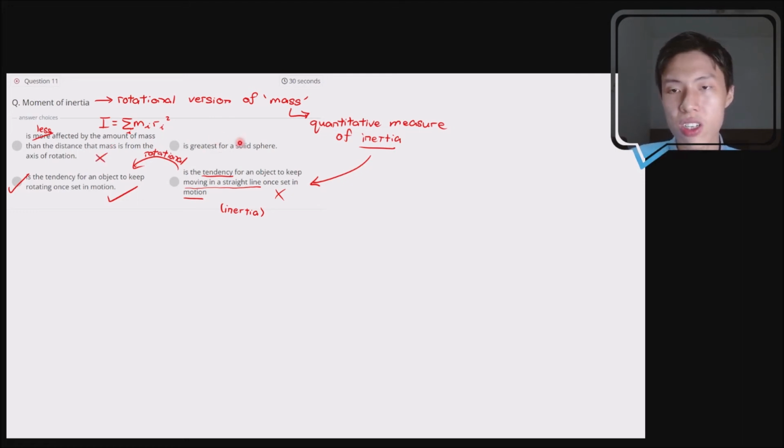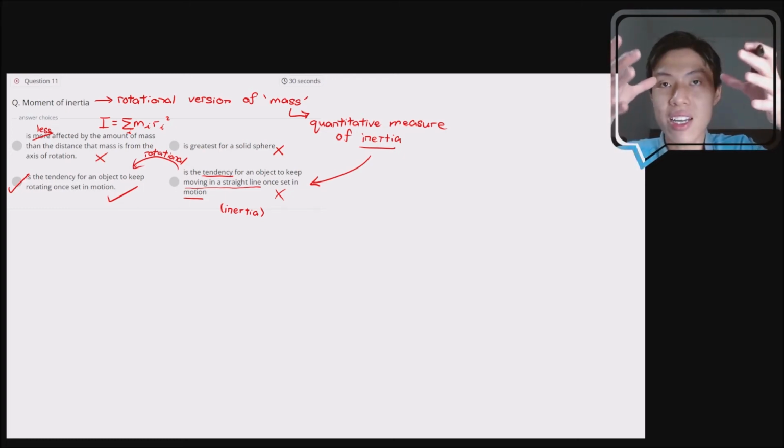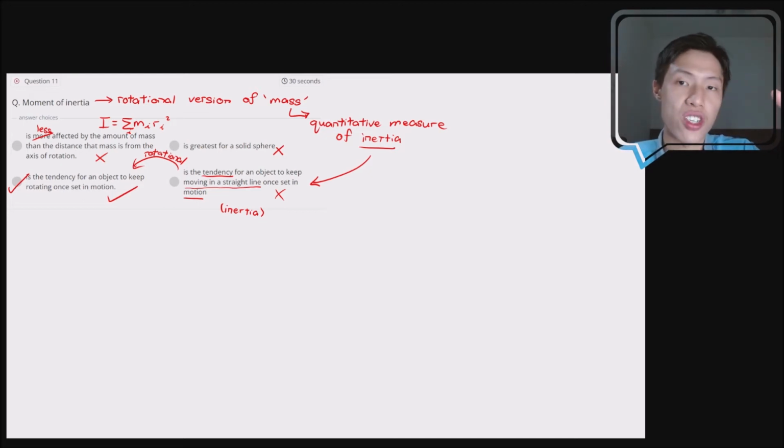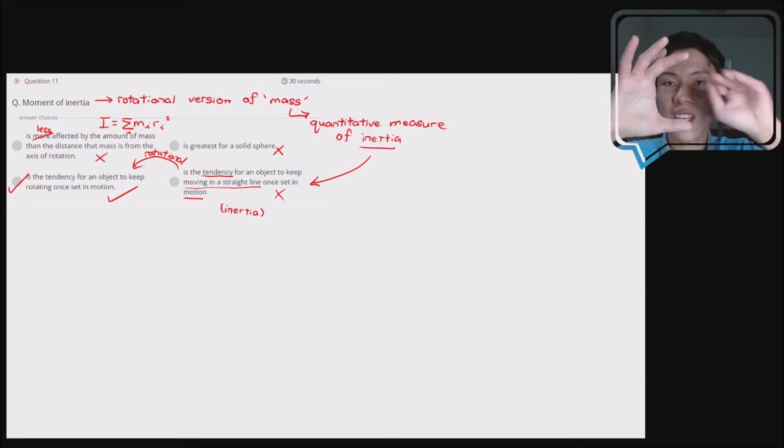Next, moment of inertia is greatest for the solid sphere. Well, technically no. Okay, this one you should make comparison in order to say properly. But solid sphere usually has a lower moment of inertia actually, because you have quite a lot of mass near the center. Something like a ring will have a greater moment of inertia. Ring is like a donut shaped thing, so you have nothing near the center.